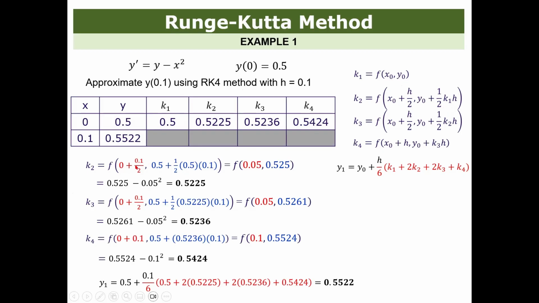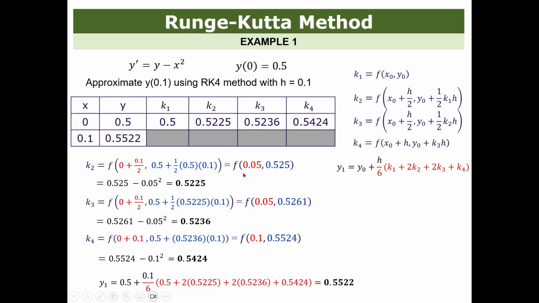and for y we also add 1 over 2 times k times h. So for K2, the x is 0 plus 0.1 over 2, and for y is 0.5 plus 1 over 2 times K1, which we calculated previously as 0.5, times h, which is 0.1.